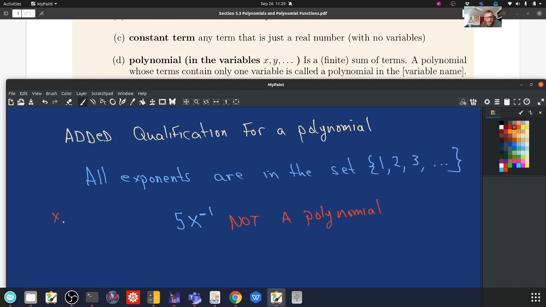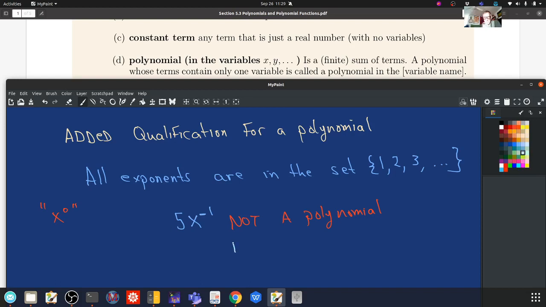Remember the x to the 0th? That's just to help you to remember that the constant term has degree 0. We really don't put an x to the 0th in there, except on occasions when we're doing polynomial division to help as a placeholder. But that's not a polynomial.